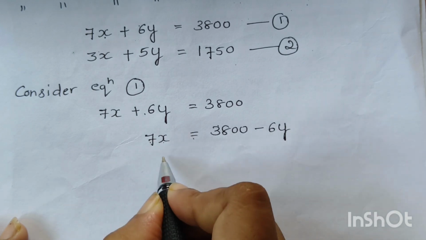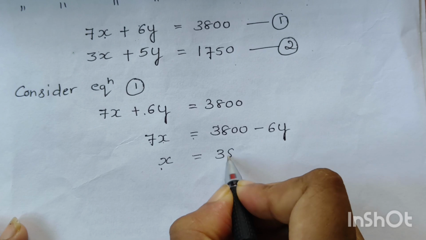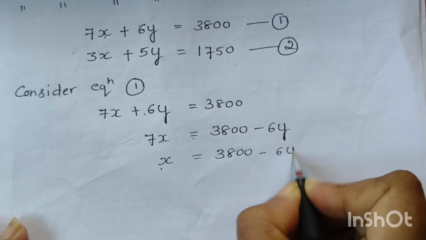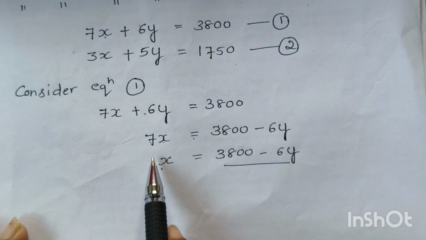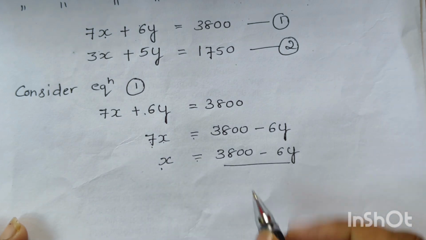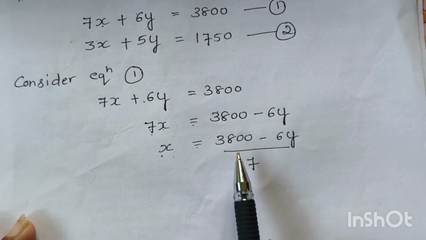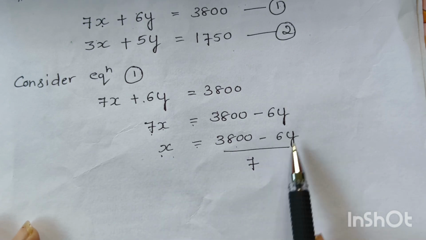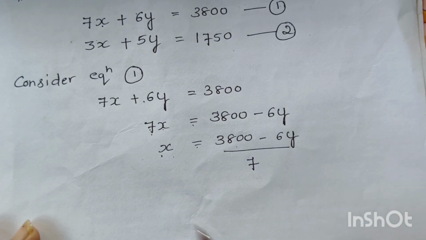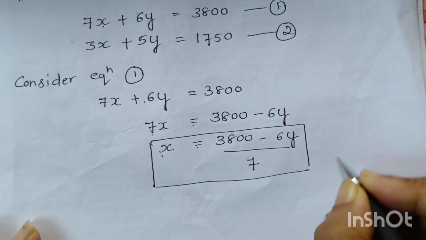So 7 into x is equal to 3800 minus 6y. Here it is in multiplication. When it crosses the equal to sign, it will become division. That is, x is equal to 3800 minus 6y divided by 7. Let us consider this as equation A.